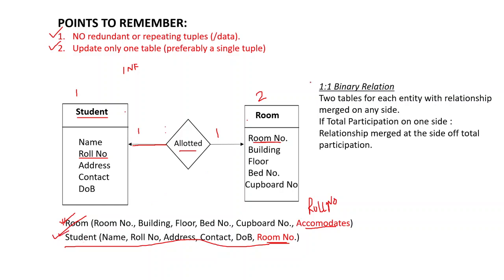This is what is given here. You need to remember this part. And in any case, whatever the association, when we are linking two tables, we will be using the primary key of the other table as the linking or relationship attribute.